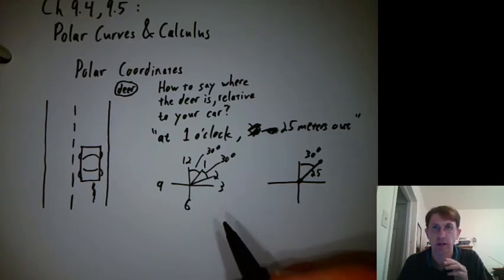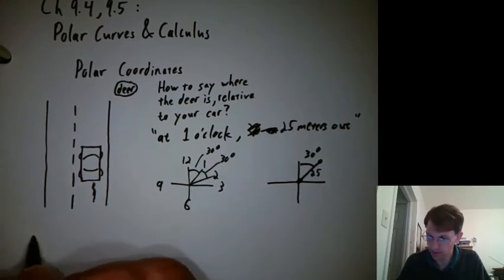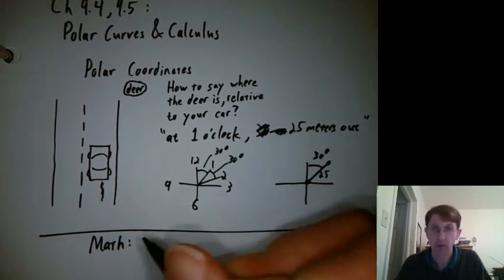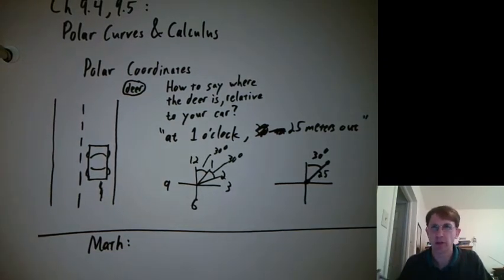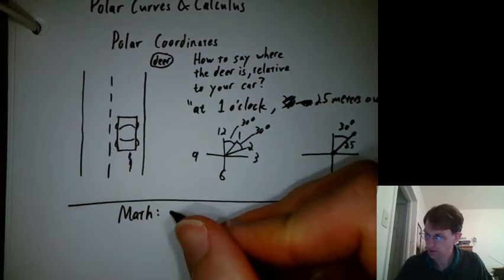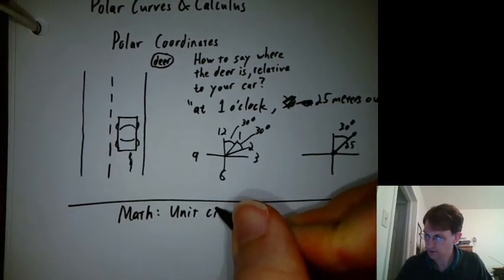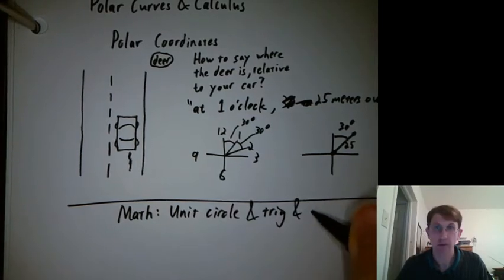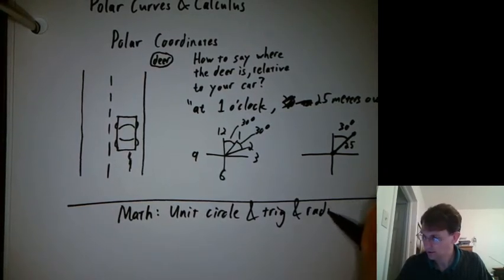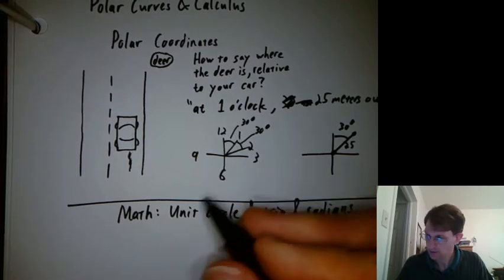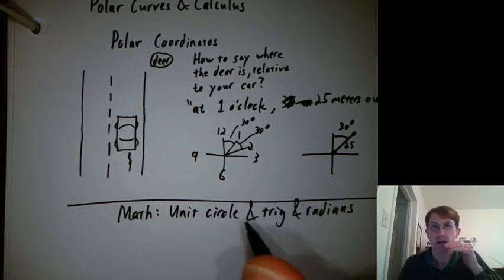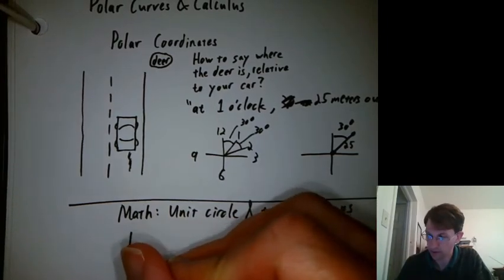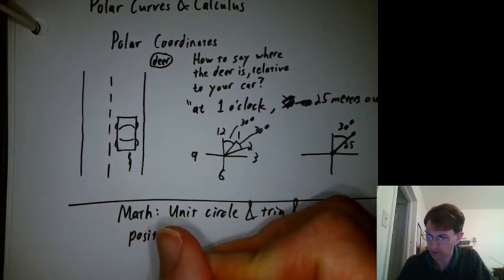Let's talk about it the way we actually do things mathematically. We do it in more the unit circle trigonometry kind of orientation. And of course we use radians. So we base it on not straight ahead being 0, but the positive x-axis being a 0 angle.